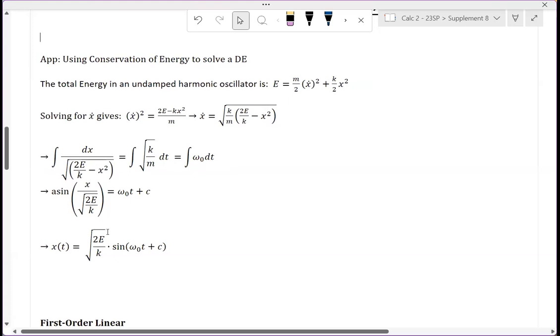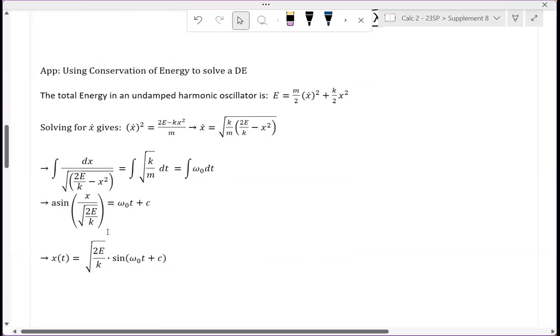Okay, so one last application in this section on separable equations. And this is kind of an interesting application from physics using conservation of energy to help solve a differential equation.